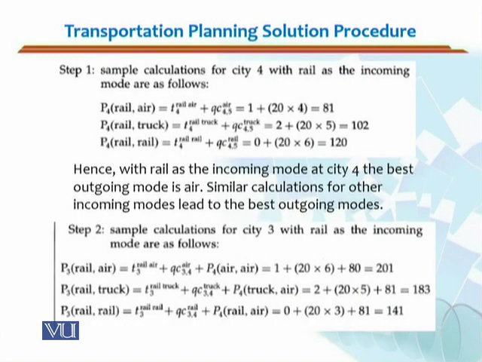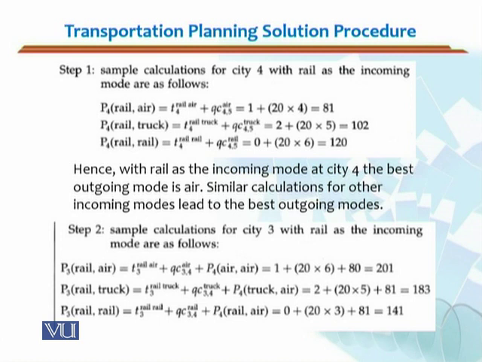As dynamic programming is based on backward induction, we will start from city 4, which is the last city, with rail as the incoming mode. Then P4 rail to air, that means the mode of transportation changes from rail to air, is T4 rail air plus Q, the shipment size, times C, the cost of switching to air for the city pair 4 and 5.